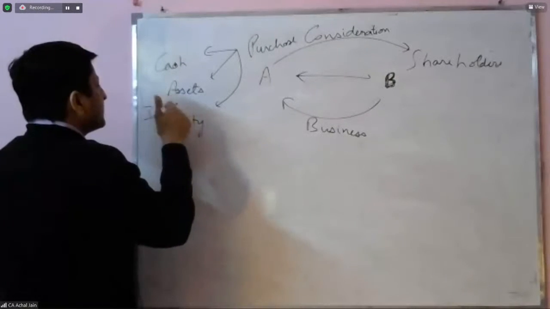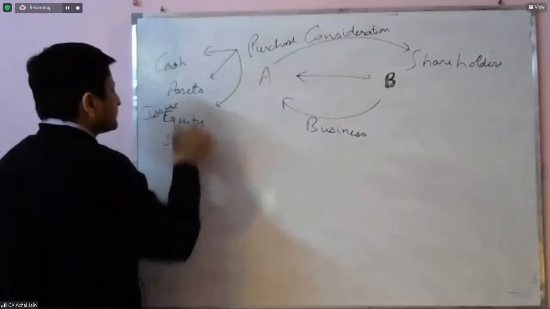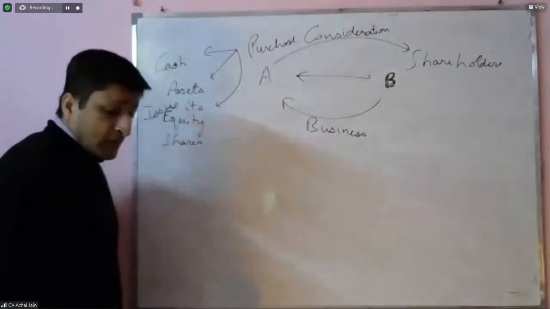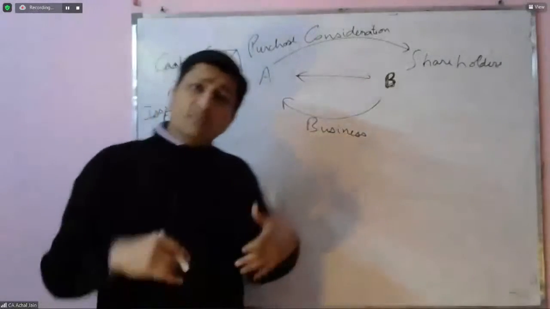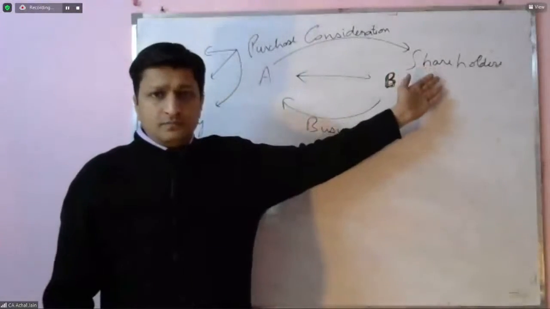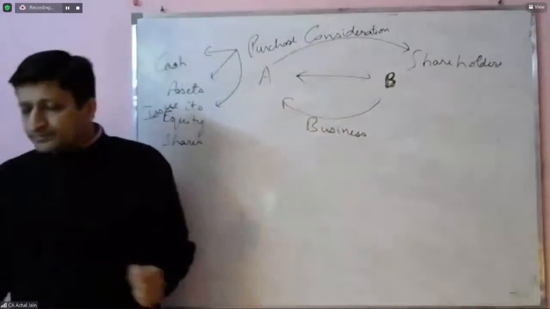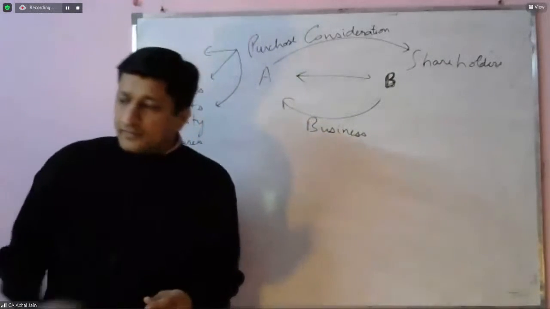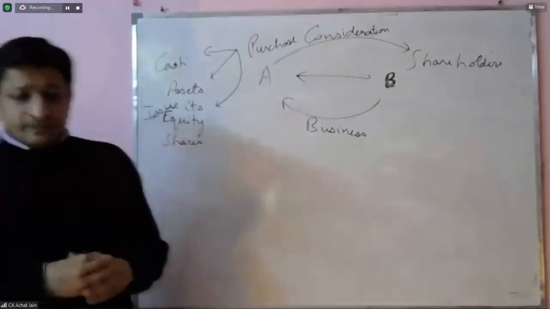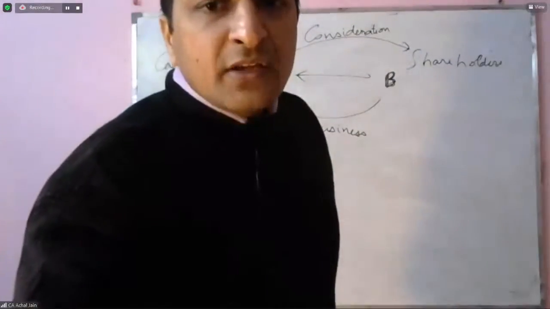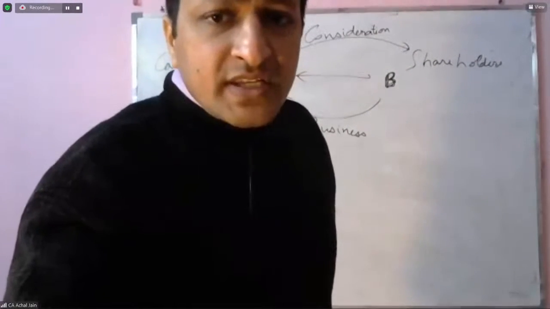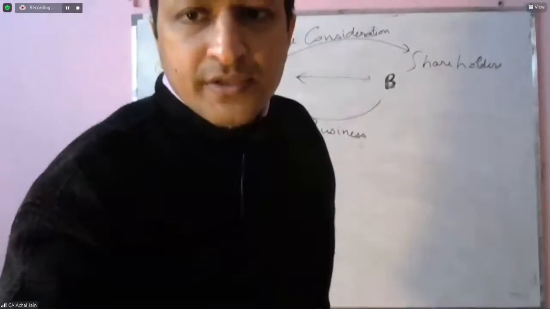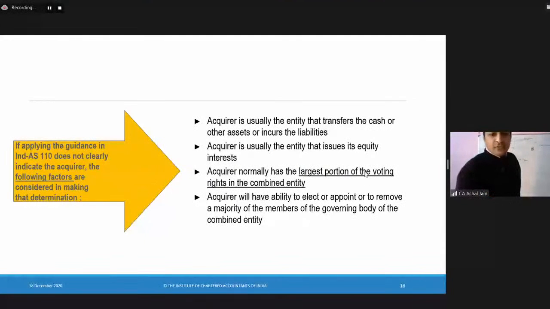A may say, I will issue my equity shares to you as part of the purchase consideration. Or maybe some other instrument is issued by A as part of this purchase consideration. So any of these forms you may see in respect of purchase consideration. That is also one of the ways through which we can check who is the acquirer.